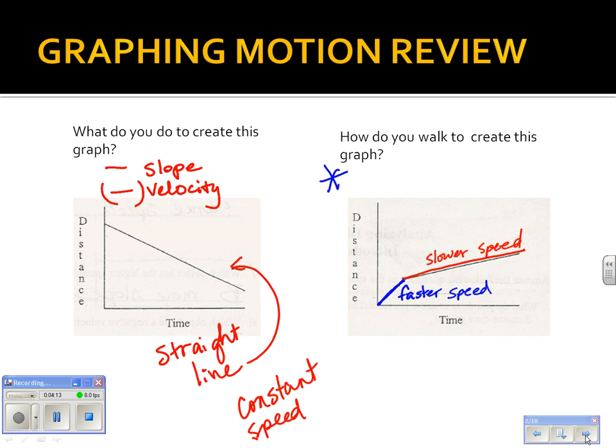But they're both positive, which means I have a positive velocity. Positive velocity means we're going forward, or away from our origin or our starting point. And the first part, I'm going faster than the second part. But again, straight lines mean we have constant speed. So I'm going one speed, which is fast, and then I go at a slower constant speed.